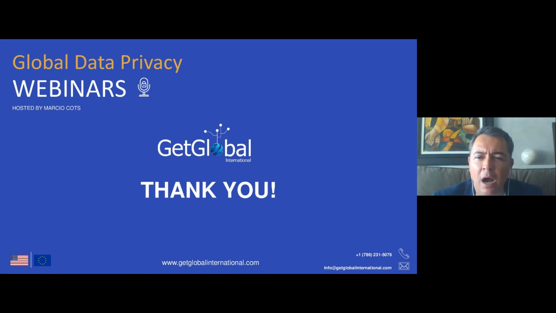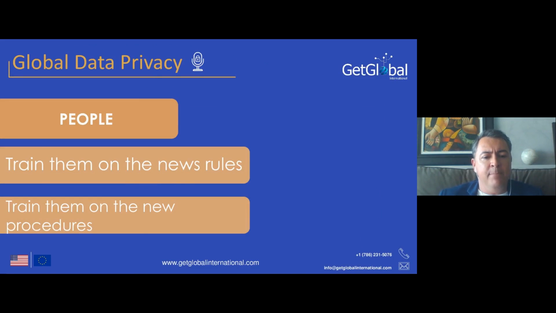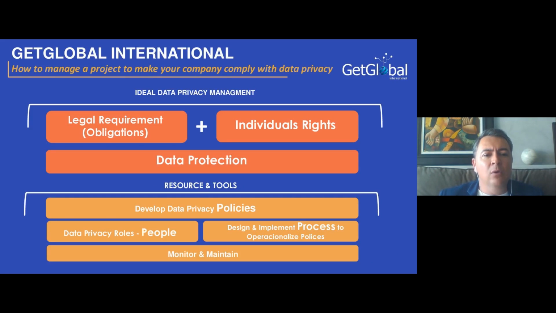One question here: how does the information security program and plan interact with the model you presented? That's a very good question. Remember that if we divide the ideal data privacy management, we would say that we have data privacy and data protection.